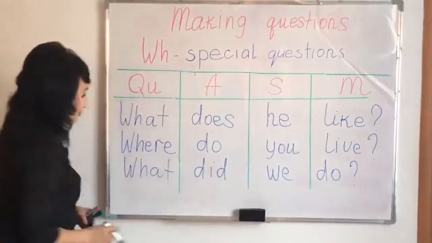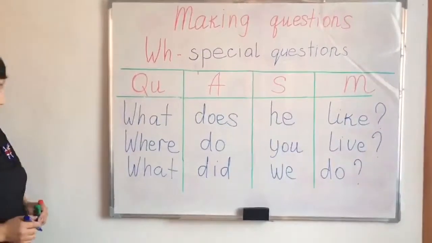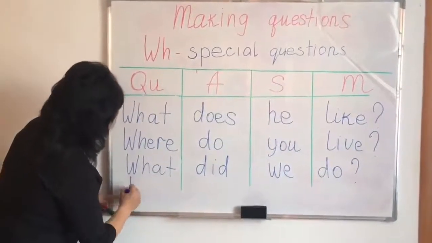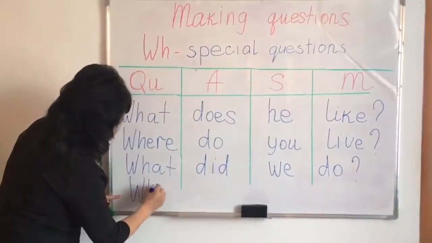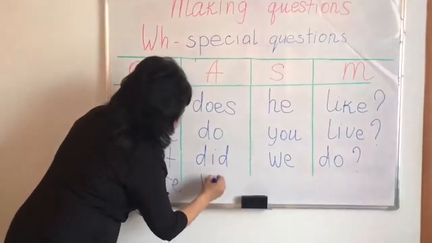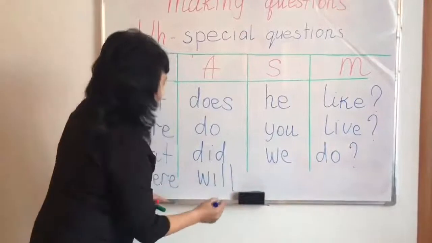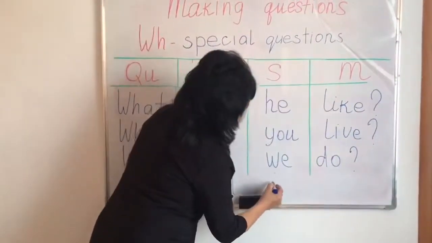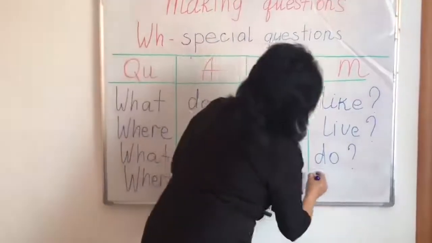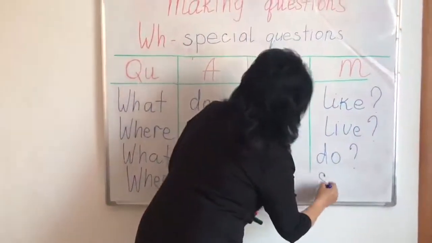Let's look at an example of future simple. Where will he study? The auxiliary of future is will, subject he, main verb, for example, study.